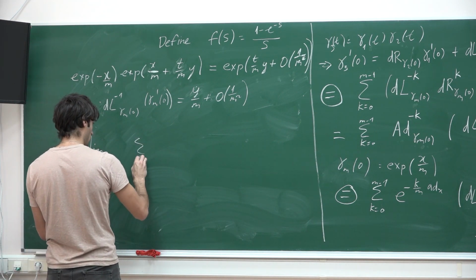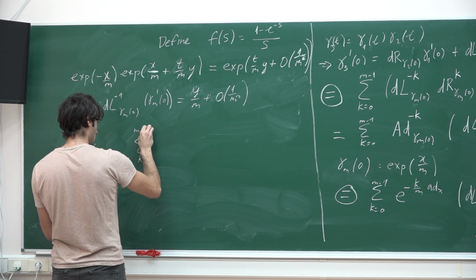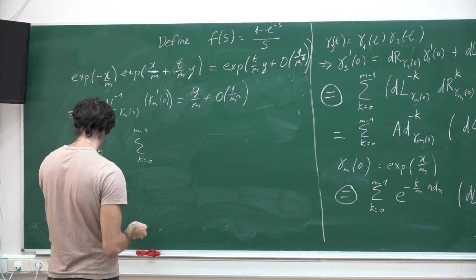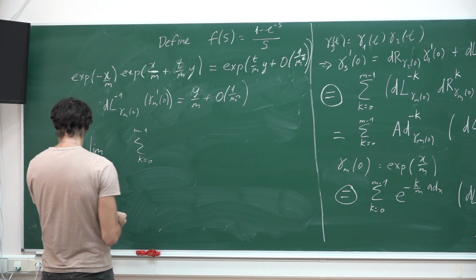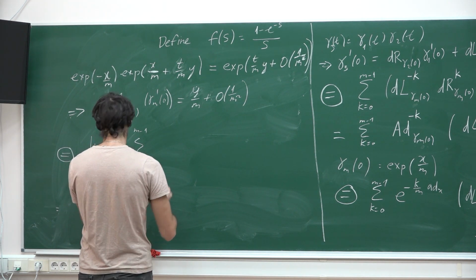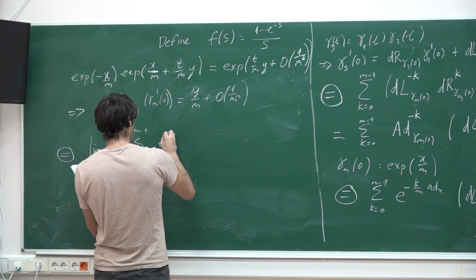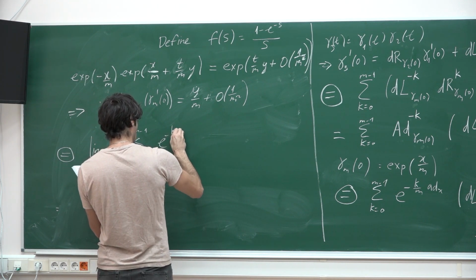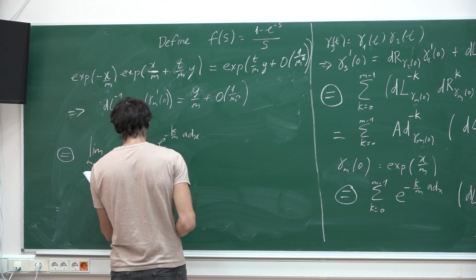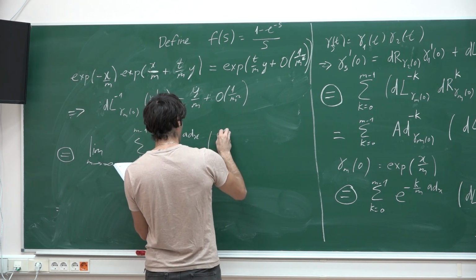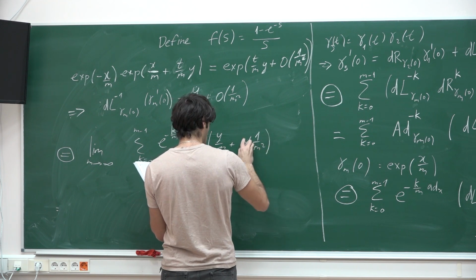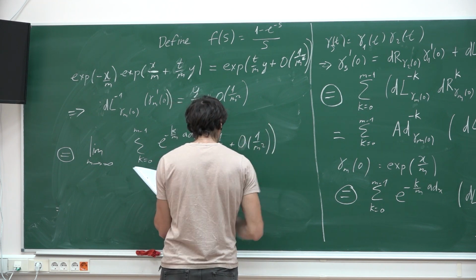So I would like to insert the limit, and then the sum over k from 0 to m minus 1. So let me rewrite it: e to the negative k over m, ad x, y over m plus O capital of this.